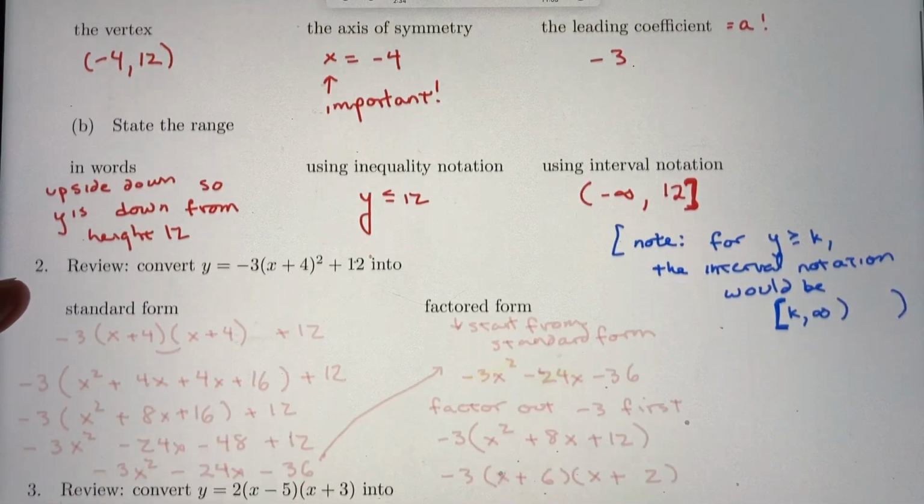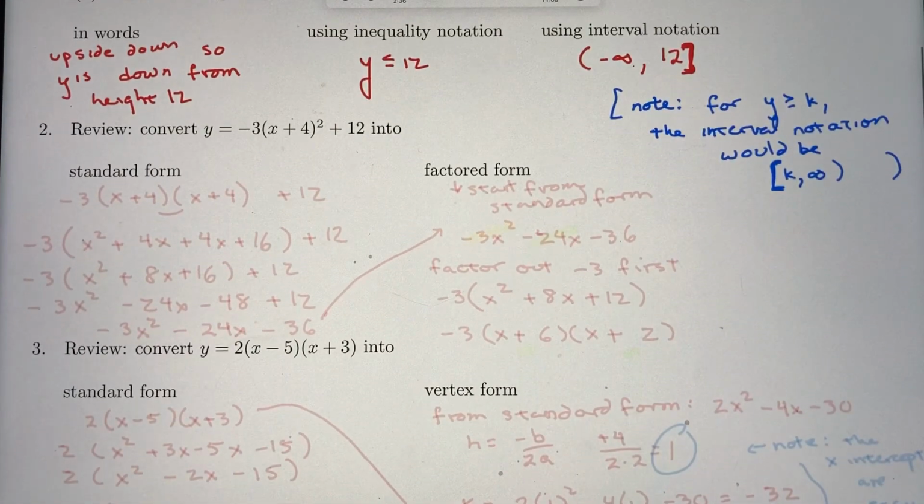So back to converting. If I want to rewrite this in standard form, don't forget you need to write x plus 4 twice. Multiply, FOIL out the x plus 4s first, so write the -3 down, and then what? x squared plus 4x and another 4x.